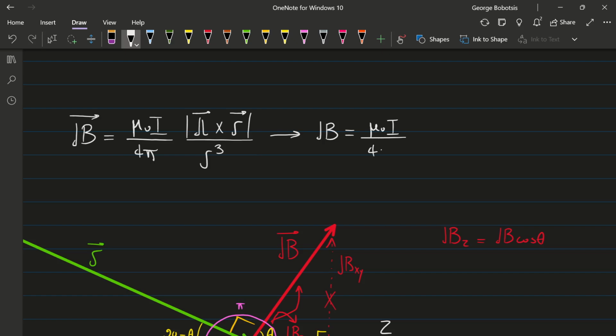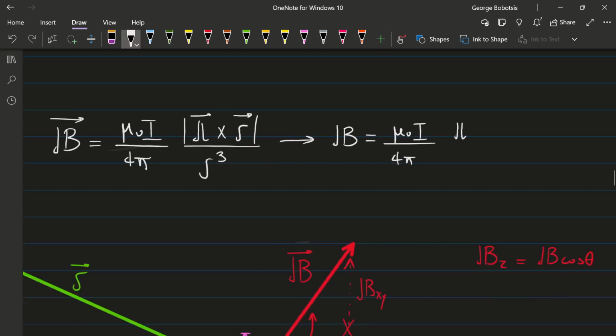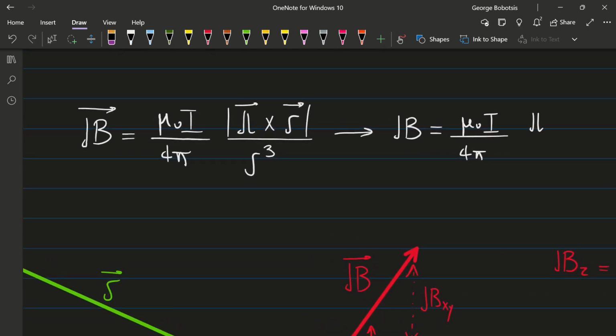It is the size of the first vector, the size of the second vector, but typically when you do this, this is the unit vector r, and this is r squared, obviously. So the size of dl is just dl. The size of r hat is literally 1. And then the sine of the angle between them, we will call it sine of gamma. So gamma is the angle between r hat and dl. We will see what that is in a second.